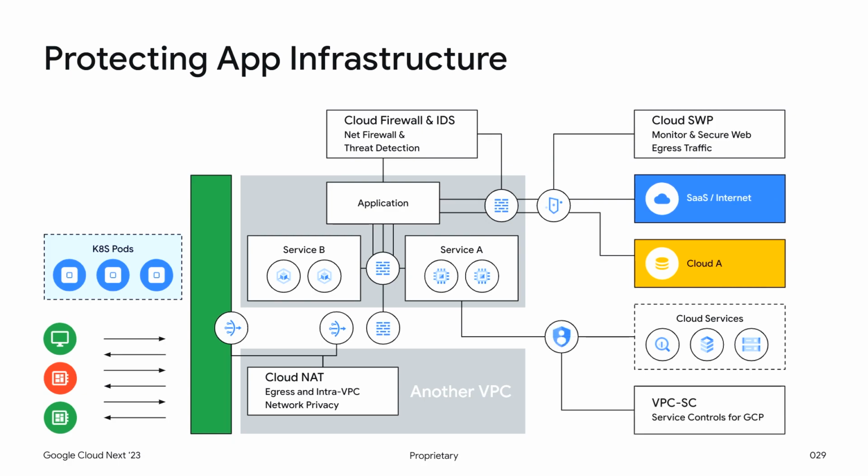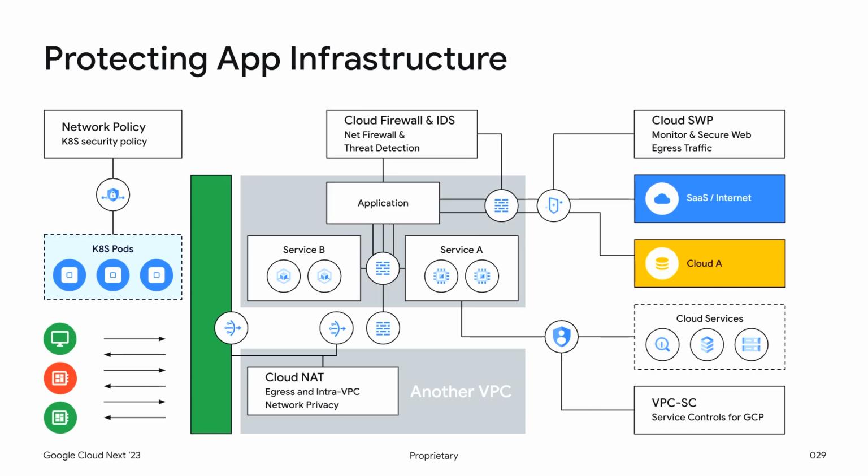Next up, we have VPC Service Control. This provides a virtual perimeter around your Google services and helps to prevent data exfiltration by attackers. That's a very common technique by ransomware and attackers. Lastly, we have a GKE network policy. This provides comprehensive security protection for your GKE workloads.